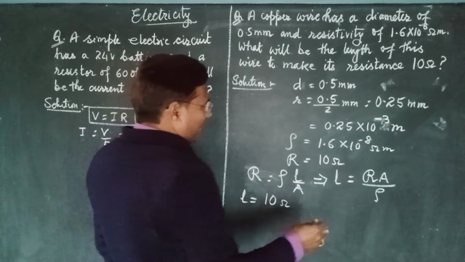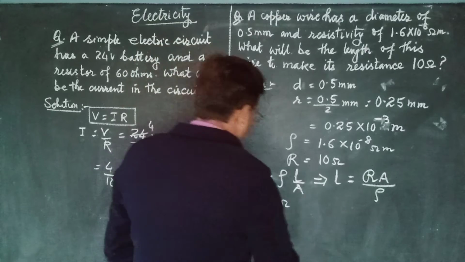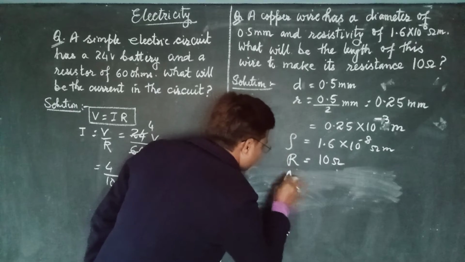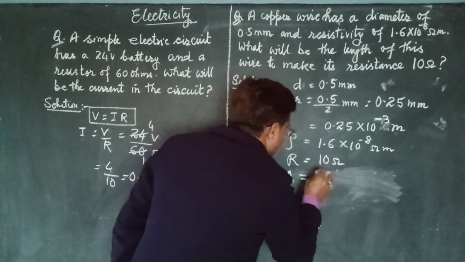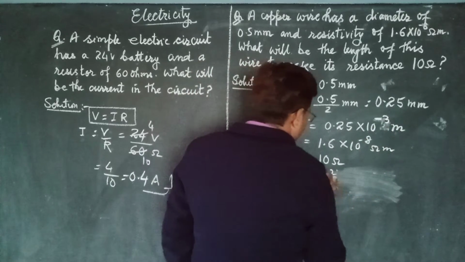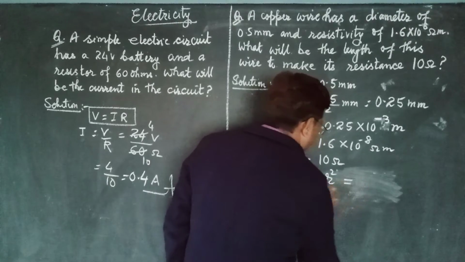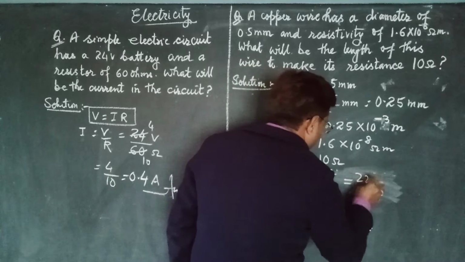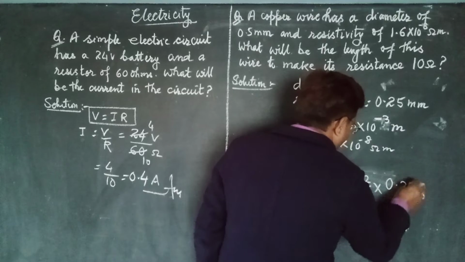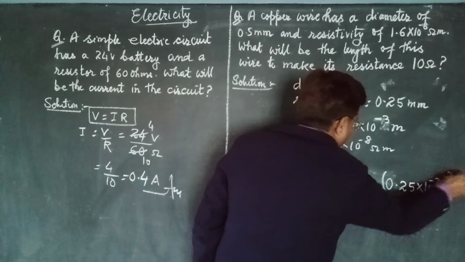So first we will find the area of the cross section. Area of cross section is pi r square, because you know the shape of the wire, it is circular. So area will be 22 by 7 into 0.25 into 10 to the power minus 3 meter whole square.